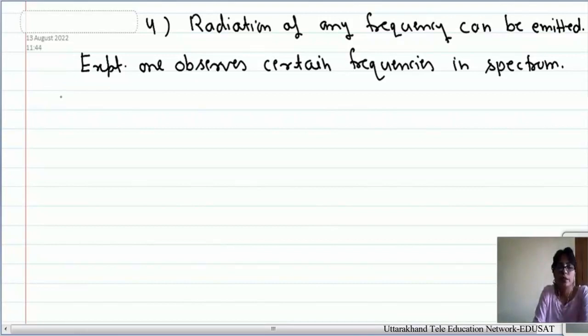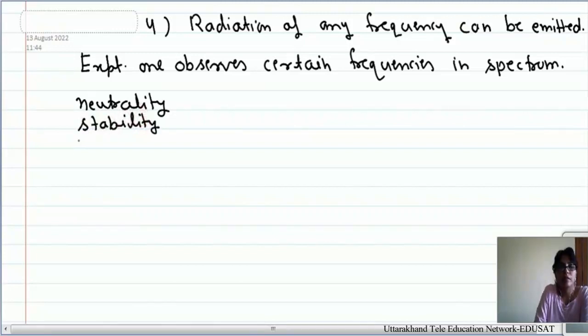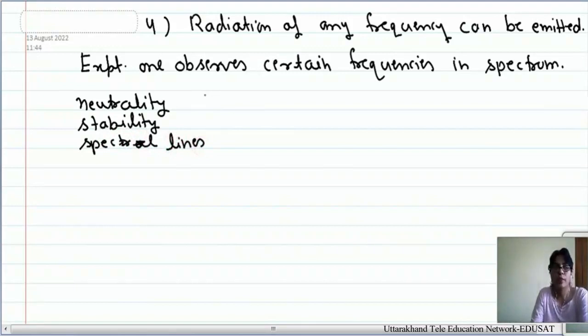In the first page I said that it should be able to explain neutrality, and then stability, and the spectral lines. So any model should be able to explain these three basic properties of the atom.